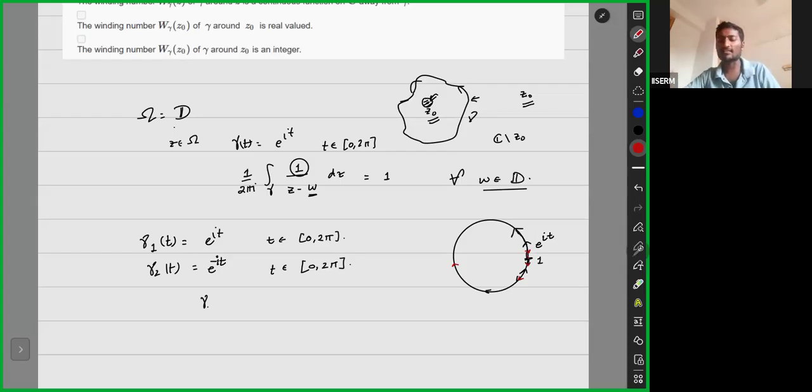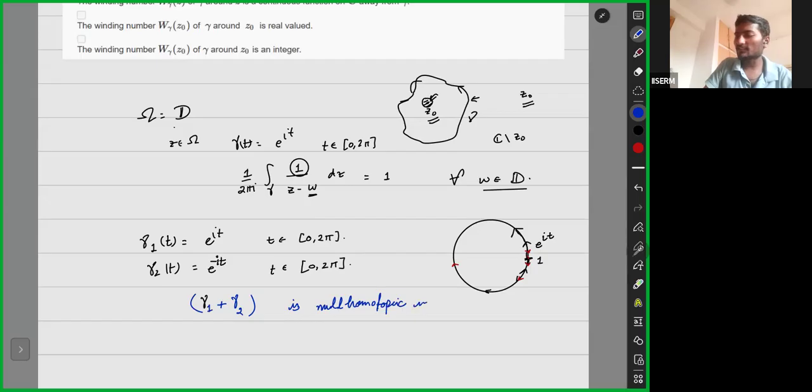So you see, gamma 1 plus gamma 2 is null homotopic in C minus 0.